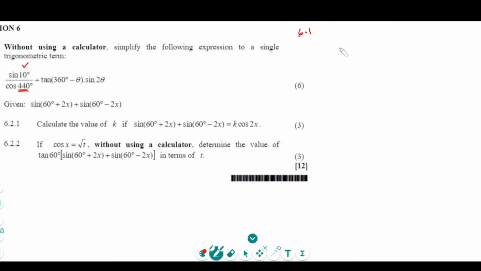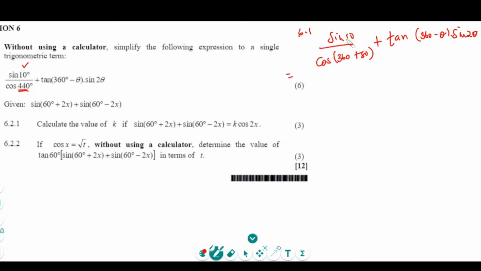So I'll say sine of 10 over cos of 360 plus 80, plus, do I need to change that? Not now. I'll say 360 minus theta, and then this is sine 2 theta.